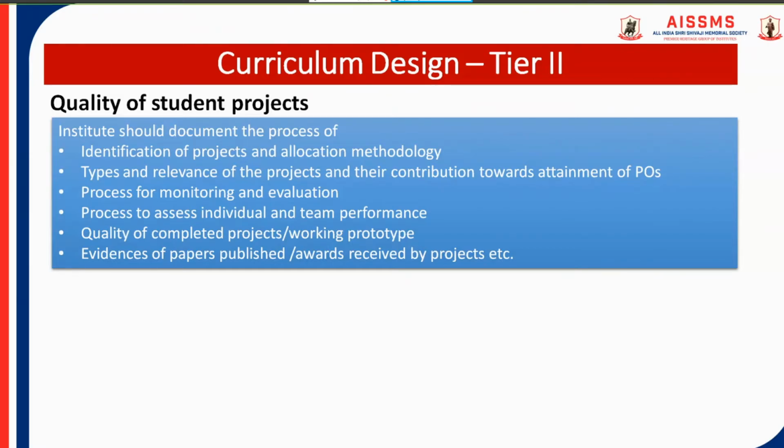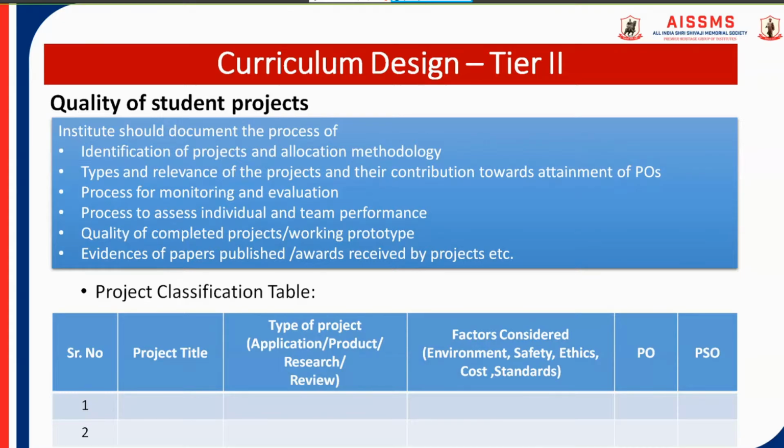So the project classification table is given in this format in NBA. Project title, type of project, that is application, product, research or review, factors considered, environment, safety, ethics, cost, standards, then POs and PSOs. So when we are talking about the quality of the student project, these are the things which have been taken into consideration.